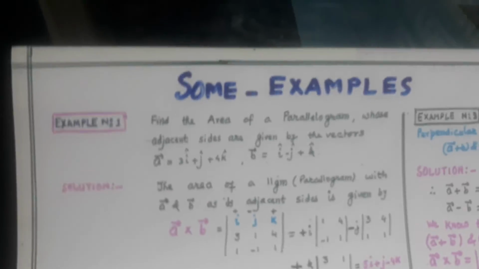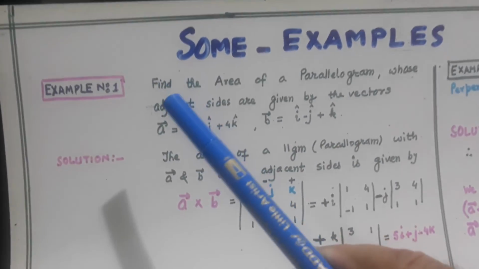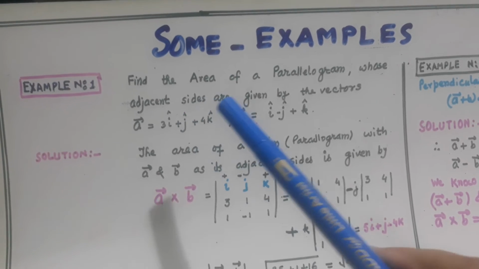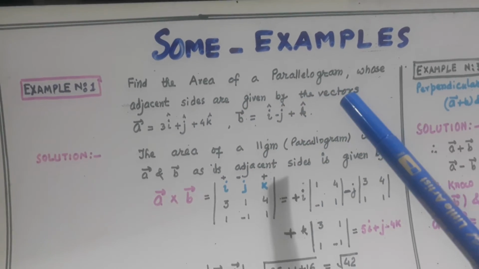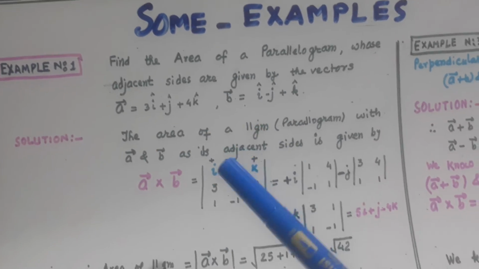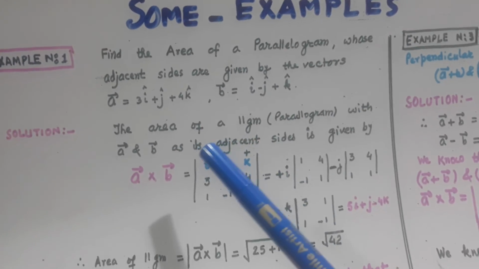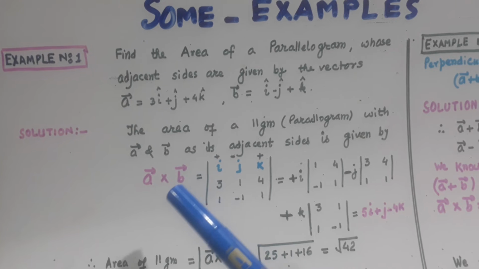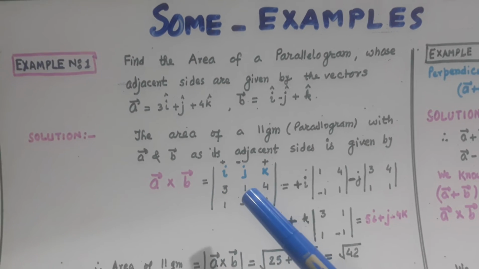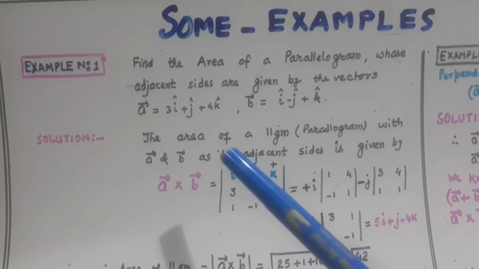Let us take some examples. Example number 1. Find the area of parallelogram whose adjacent sides are given by the vectors A and B. Now we know that the area of parallelogram is A cross B, which means determinant.